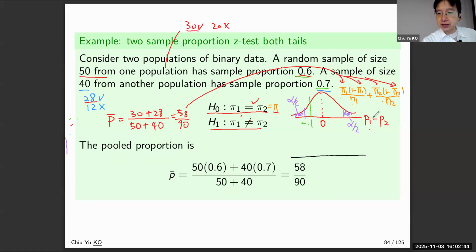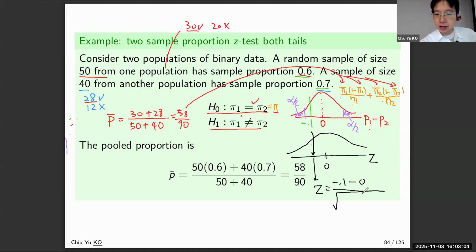you can calculate this because this P you can always convert to Z, where the mean is 0. And what's 0.1 here? You'll have negative 0.1 minus 0, the distance, over the square root of this P bar times 1 minus P bar, and 1 over 50 plus 1 over 40.